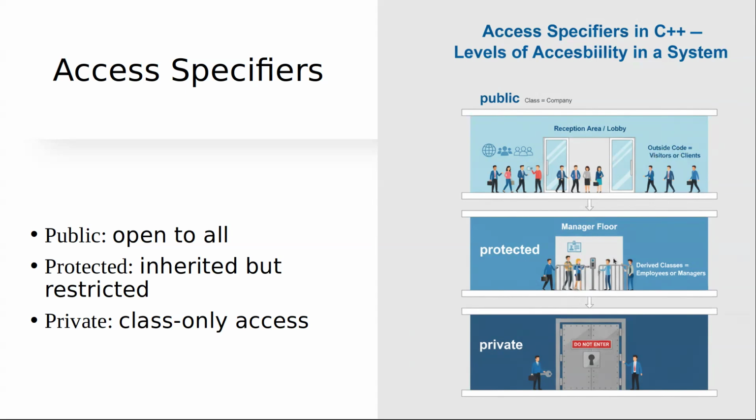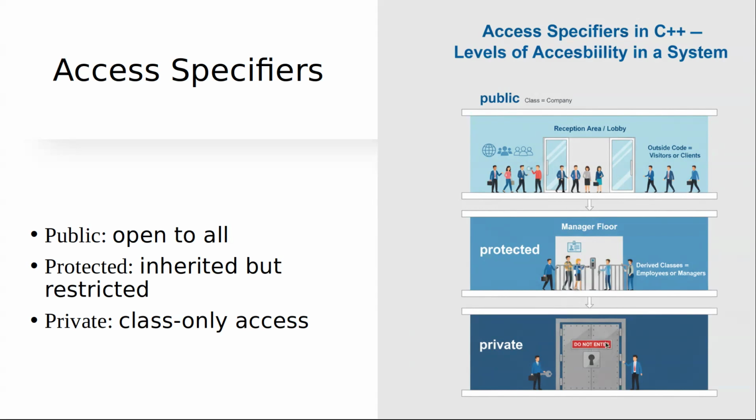The protected section is like the employee-only floor, where only authorized people, the staff and managers, can enter. In C++, this means members declared as protected can be accessed within the class itself and by derived or child classes, but not by outside functions. Finally, the private section is like the CEO's office, which is completely locked.